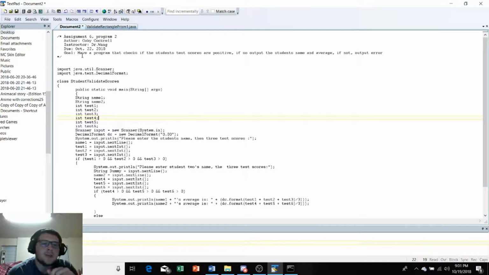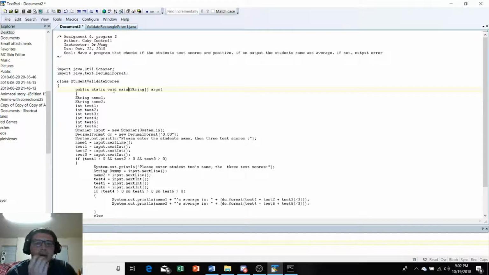Class student validate scores. Remember, class should be named what the relative goal is. First function, our main function. Public, static, void, main. By the way, I think I've told you in a video that classes always have to have a main function. That is true if that class is going to be the initializing one.